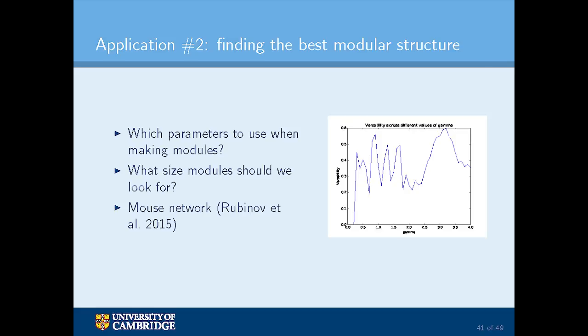Usually the way that people do this is they use a gamma value of 1.0 because that's the default in every single piece of software. But you see that 1.0 actually has really high versatility, and it would be much better to use 2.0, 2.1. And those give better modules for mice.